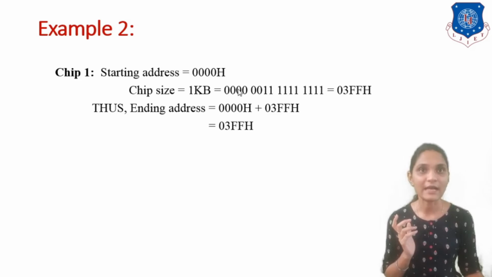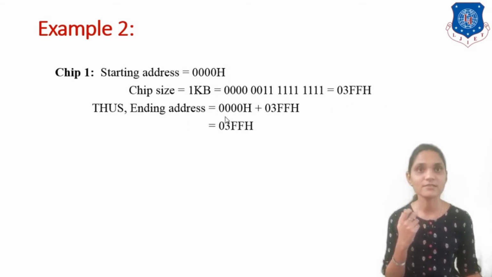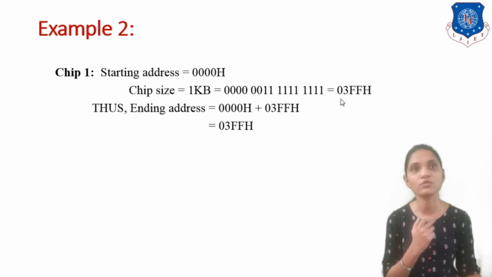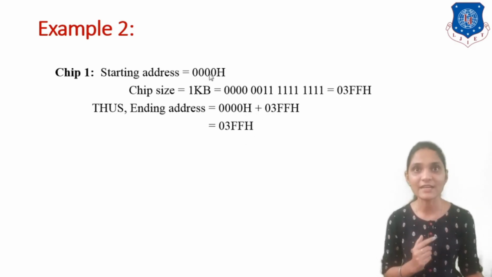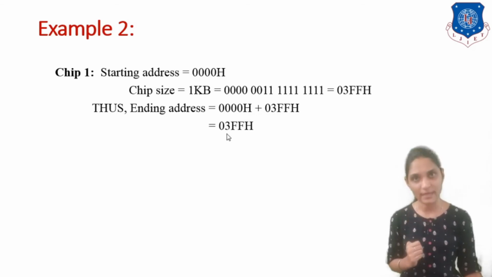So the size of the chip is 03FF hex. I have to add this size to the starting address. The starting address is 0000 hex, and adding 03FF hex gives 03FF hex. So for the first chip, the starting address is 0000 hex and the ending address is 03FF hex.